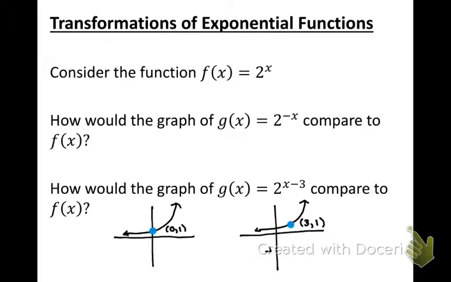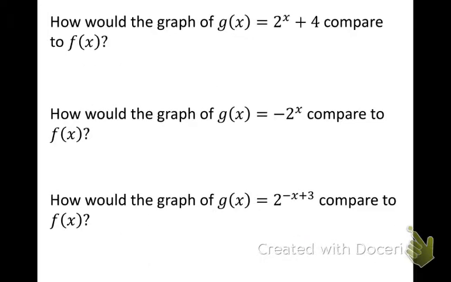All right, let's talk about how the graph of g of x equals 2 to the x plus 4 would compare to f of x. Realize now that this plus 4 is not in my exponent. It's going to affect it just like all my other previous parent functions. If I add 4 to it after the fact, that means it's going to move up 4.